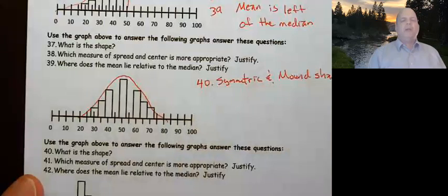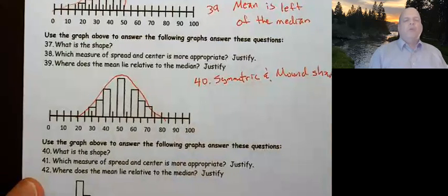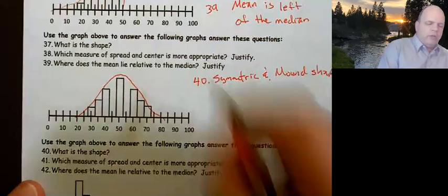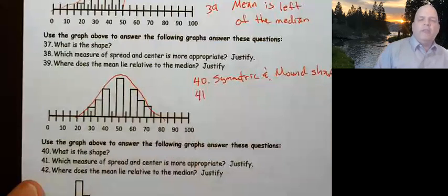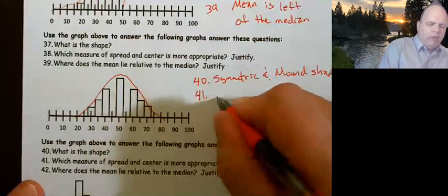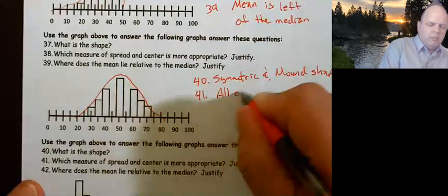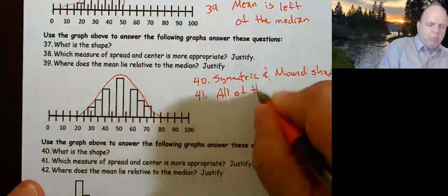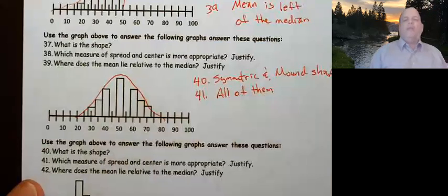All right, symmetric and mound shape. So which measure of spread and center is appropriate? And the answer is all of them. All of them are appropriate. We might prefer one to the other for different reasons, but all of them are appropriate for symmetric and mound shape.